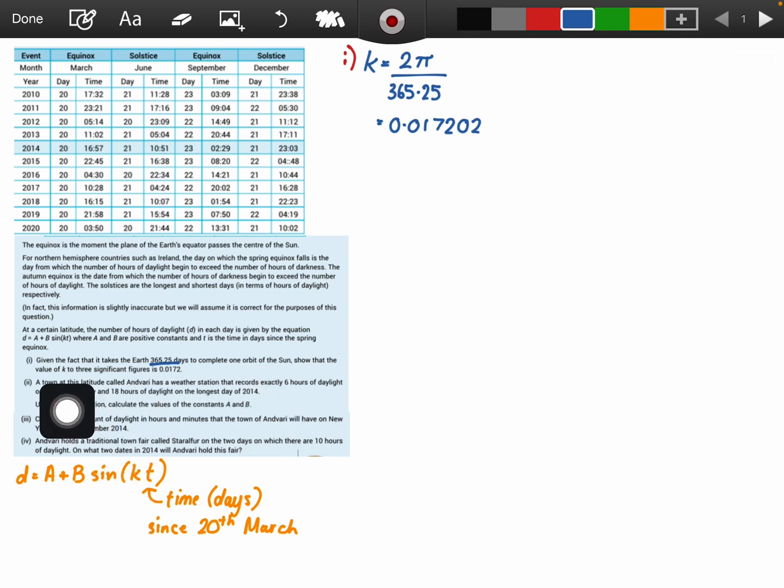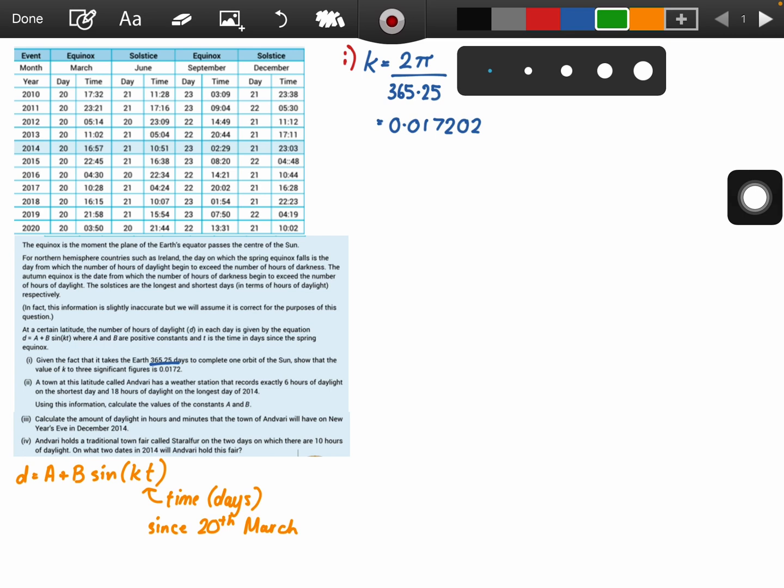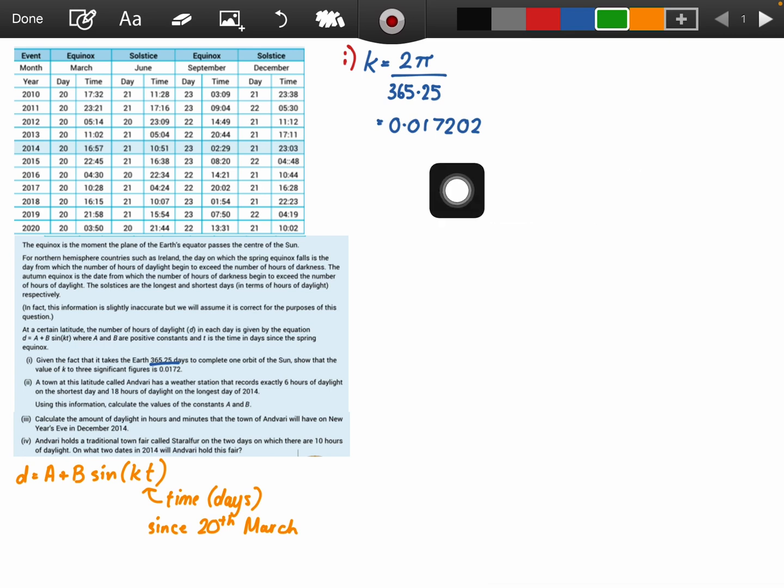And it says, show that the value of K to 3 significant figures. Brilliant, so we're getting the value of K here. We've already done this. Remember, significant figures are counted from the first number that isn't 0. So it's not decimal places, and the 0 doesn't count here. So 1 is my first significant figure, then 7, then 2.